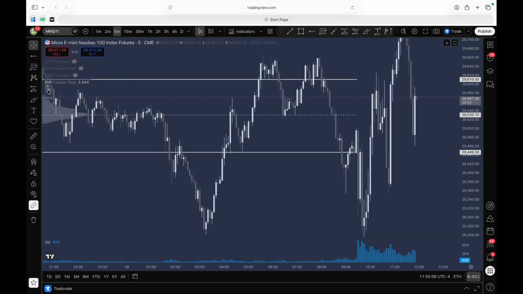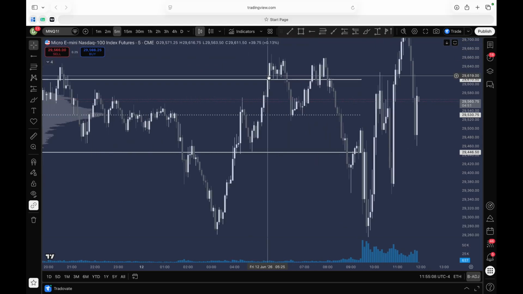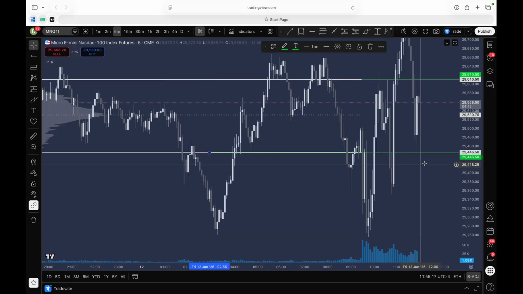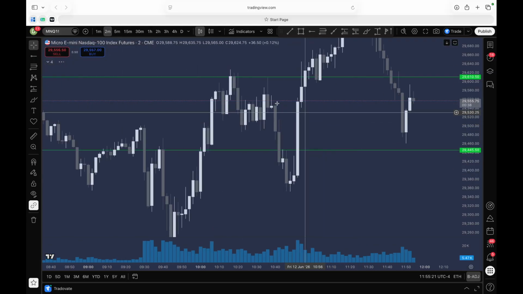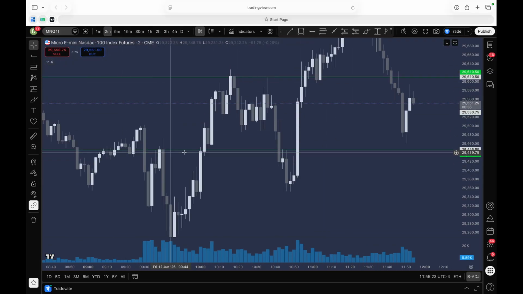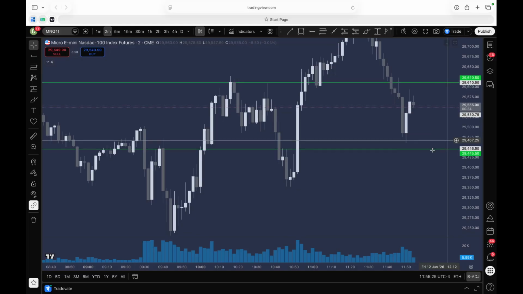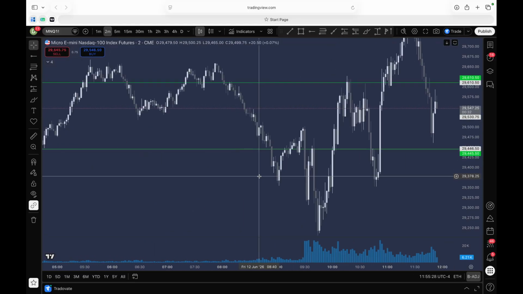So if I turn off the cash sessions, let's keep the overnight levels. Okay. You can see the very high and very low from the overnight. You can just even go down. Like it is respected. Okay. So they're just areas to reference.